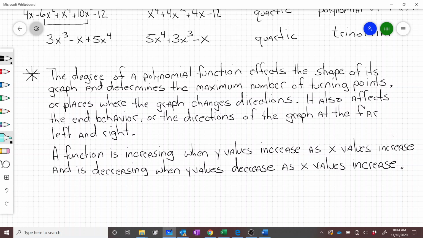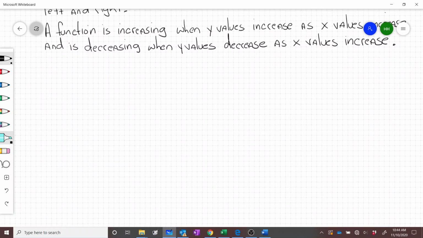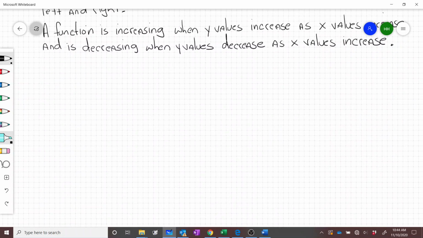Alright, so here are some examples of what some graphs may look like based on the polynomials being in standard form. So we're going to take something like y is equal to 4x to the fourth plus 6x to the third minus x.